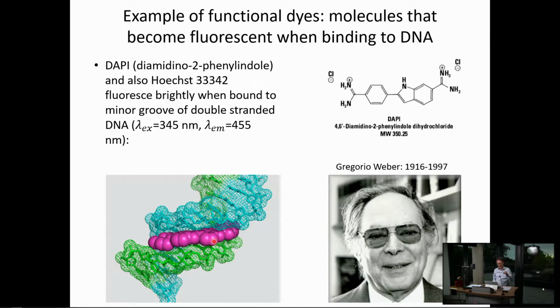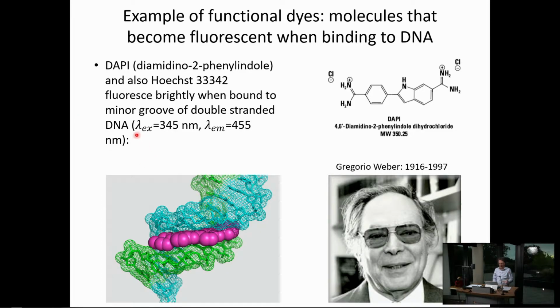So this intercalation, the shape of this dye, makes it highly affine to bind to the DNA, and the DNA stabilizes it, and once it's bound, it becomes brightly fluorescent. So in that sense, it's a functional dye that gives you a strong signal when DNA is present.